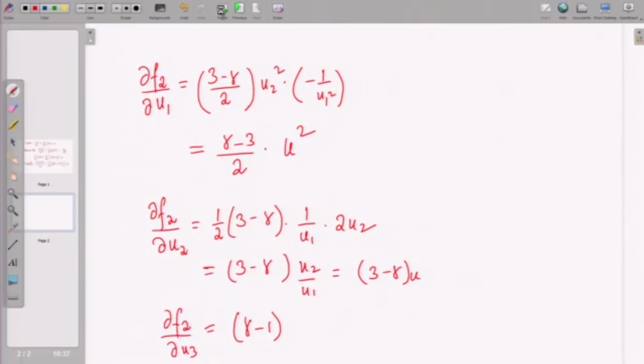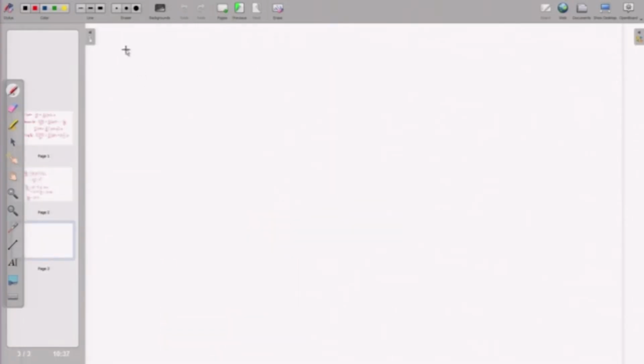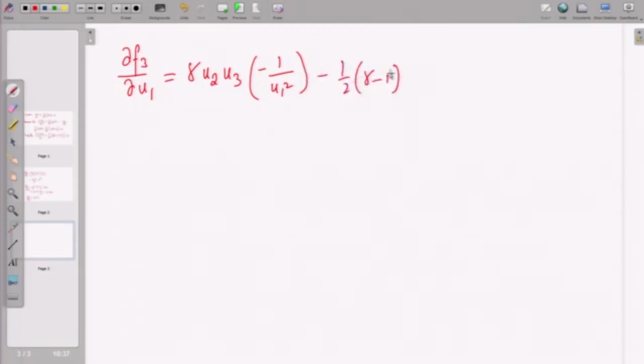Now, we can just complete it by doing the del F3 del U1, which is the third row of the Jacobian matrix. So, you will see it is gamma U2 U3 into minus of 1 by U square minus half gamma minus 1 U2 cube into minus 2 U1 to the power of minus 3.